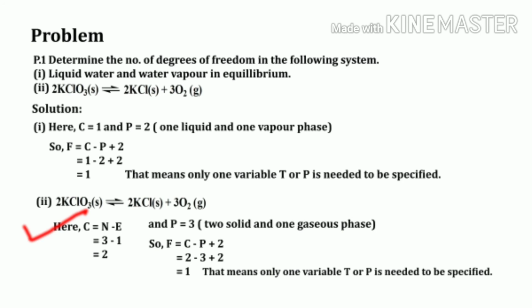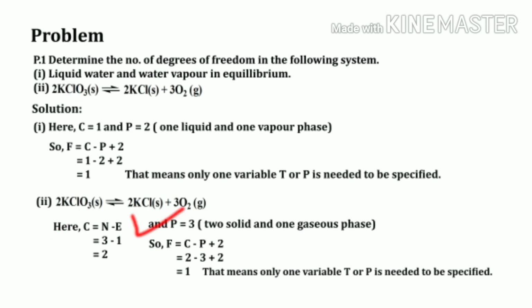One is KClO3, the other one is KCl, and the third one is oxygen. So N is equal to 3 and E is equal to 1, because this system can be represented by only one equilibrium equation. Therefore C is equal to 3 minus 1, which is equal to 2.